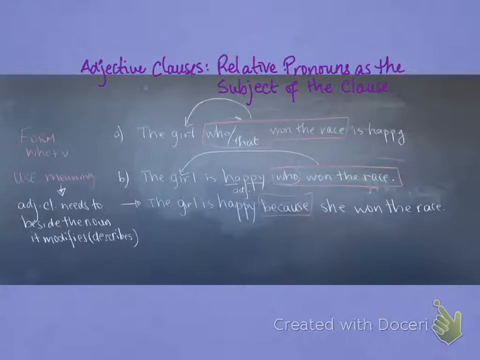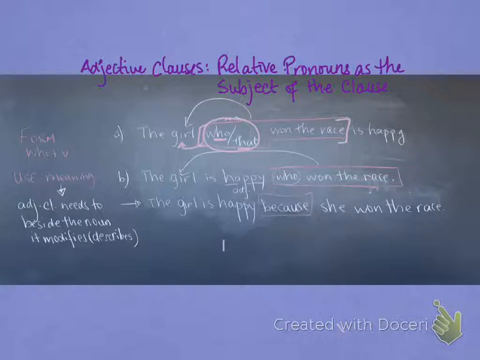This morning we talked about adjective clauses and relative pronouns as the subject of the clause. That's where we started. We had this sentence on the board: the girl who won the race is happy. And we talked about the fact that this is where our adjective clause is, who won the race, and that the relative pronouns who and that are used because we're talking about a person, and the person here is the girl.